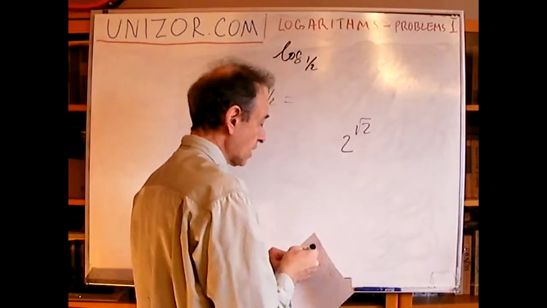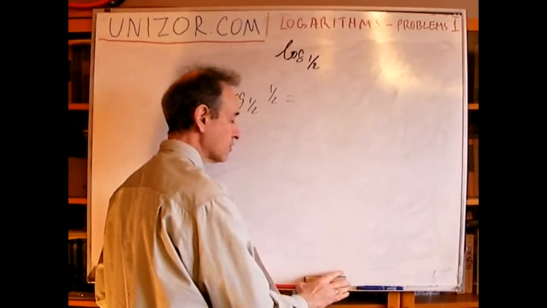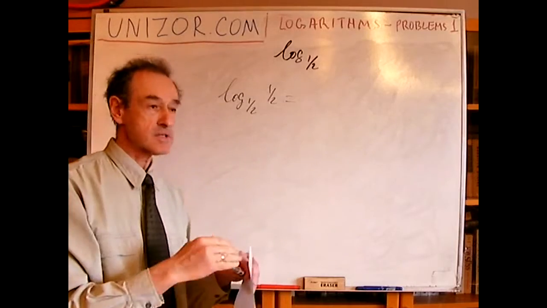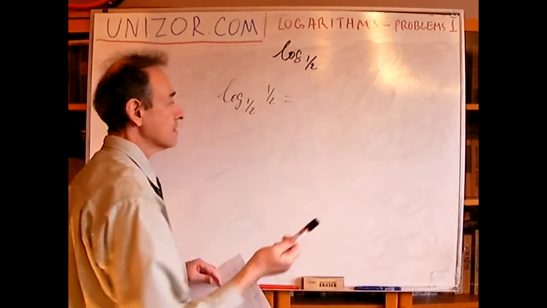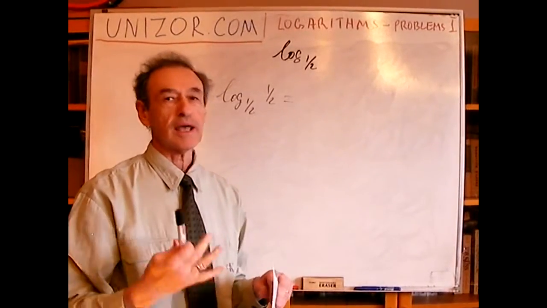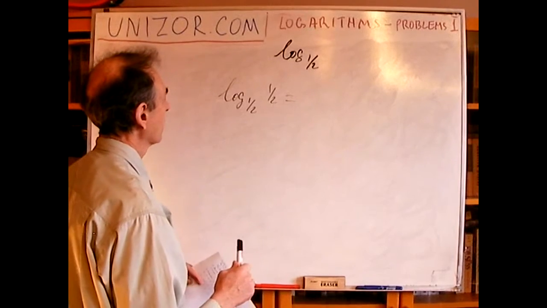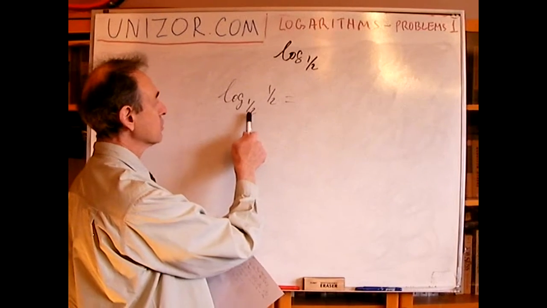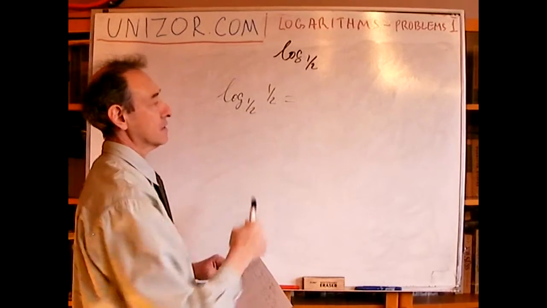No, I'm talking about integers, basically, which are relatively easy to calculate. Integers and inverses of integers. Now, this is something which you really have to think a bit, just a little. Which power should I use to raise 1/2 to get 1/2?